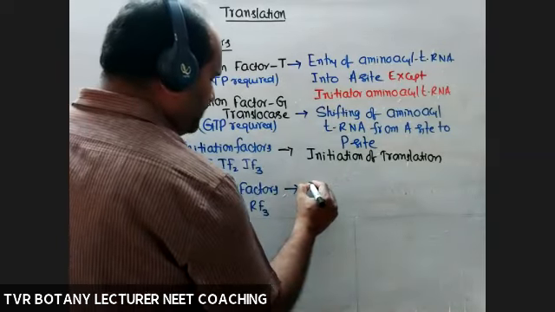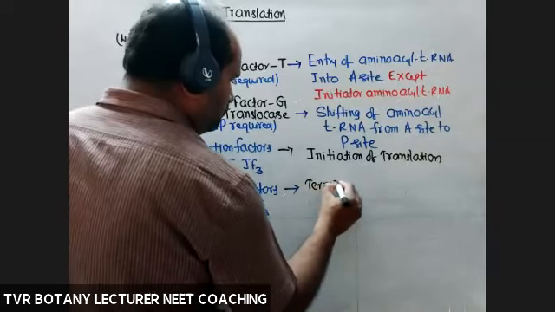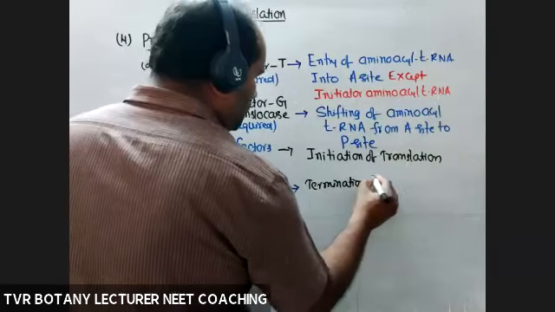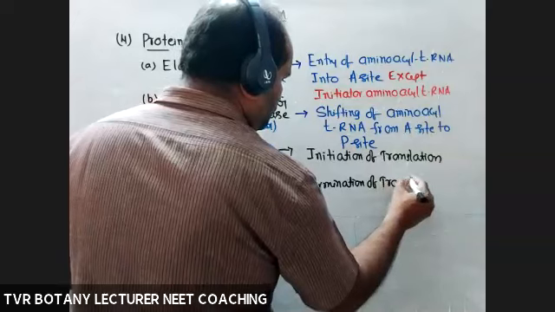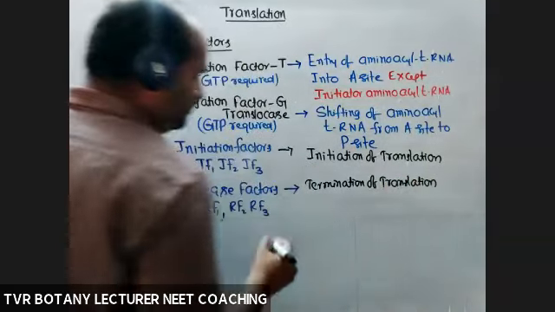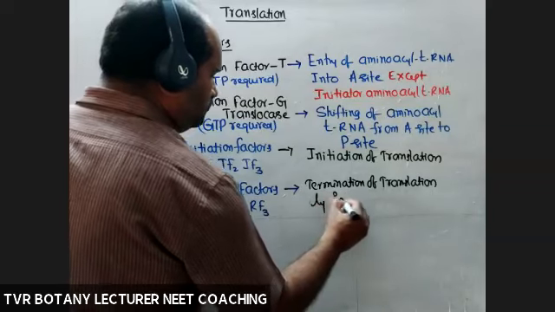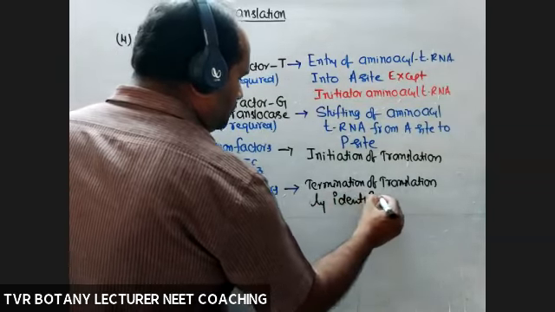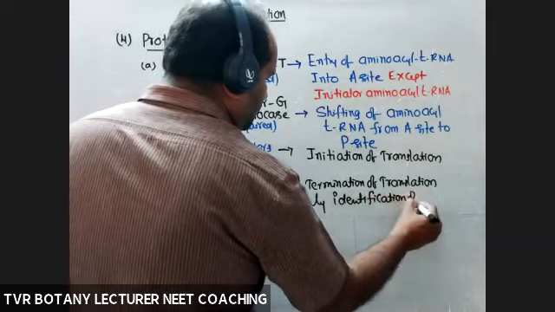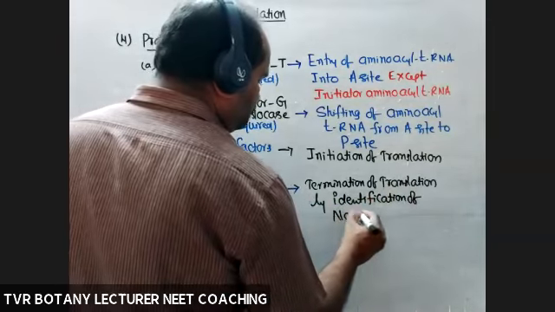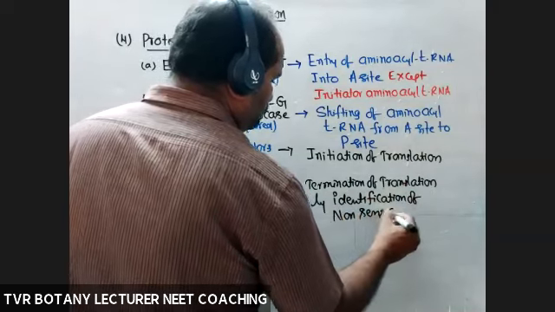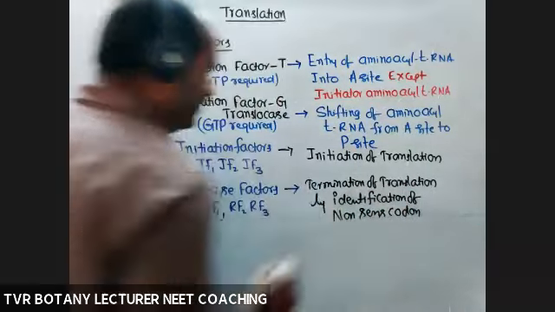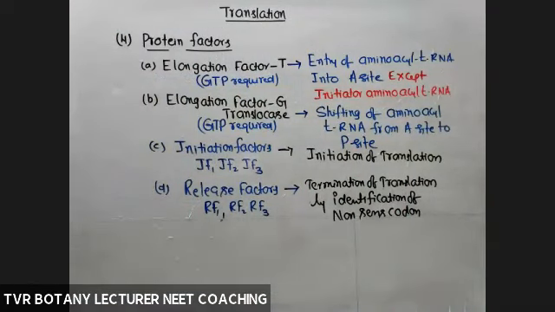So they are concerned with the termination of translation by identification of the nonsense codon. That much is enough. So these are a certain number of factors which play an important role in the mechanism of translation.